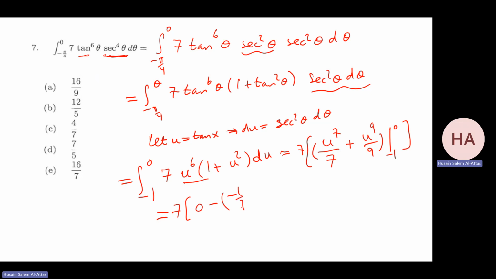Minus 1 over 7 minus 1 over 9. That gives me minus 9 minus 7 times minus, so 16 over 9 times 7. So 7 cancelled. That gives me 16 over 9, which is this one.